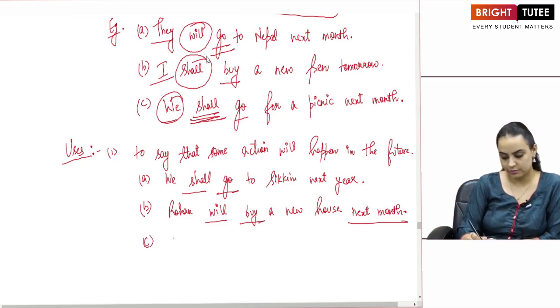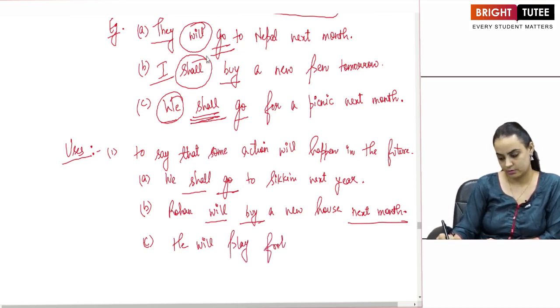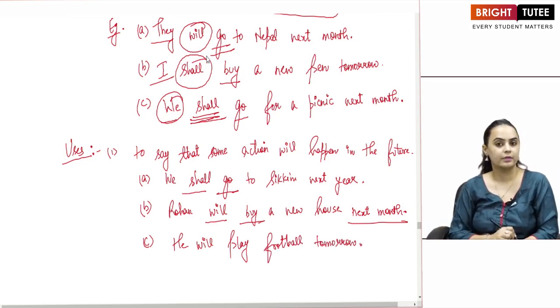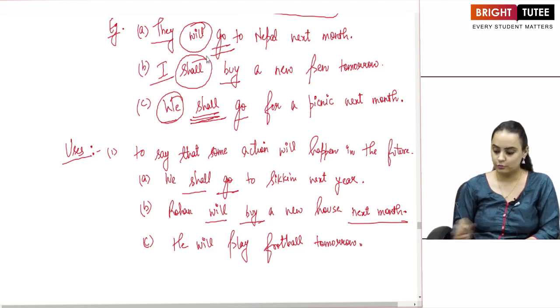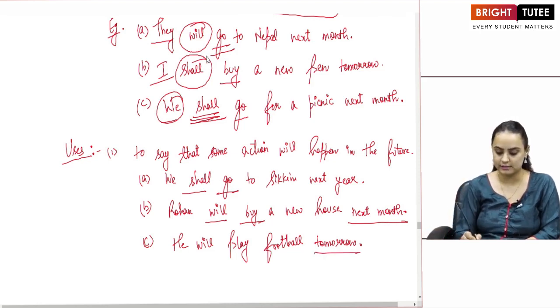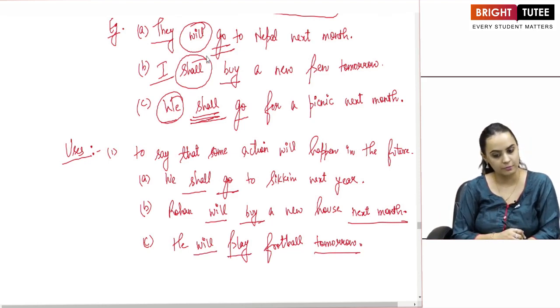If I give you another example, he will play football tomorrow. When will he play football? Tomorrow. So this will take place in the future. That is why will plus the first form of the verb.